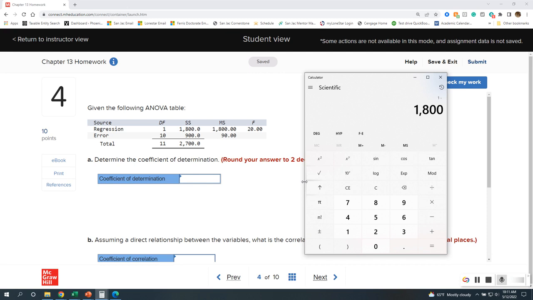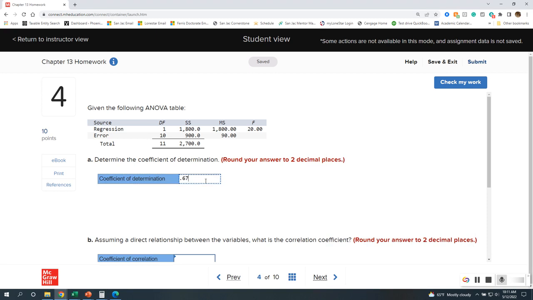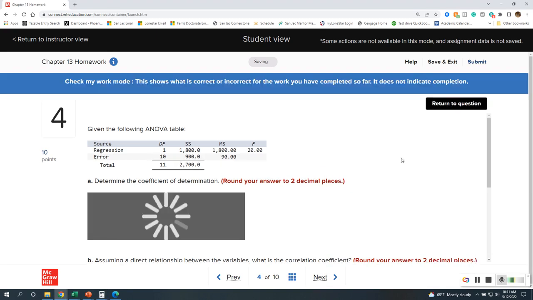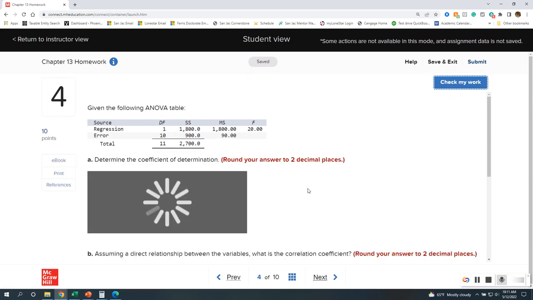So, 1800 divided by 27. So we got 0.6 repeated. So 2 decimal places, 0.67. There we go.